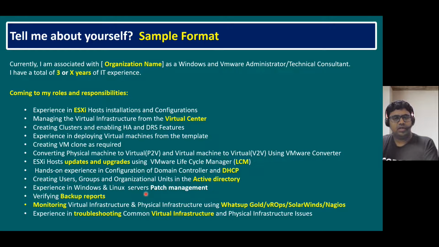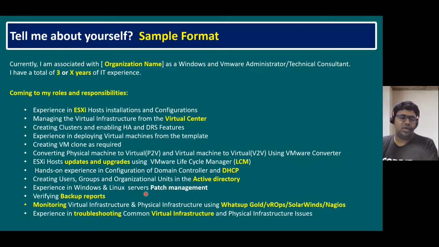And then you can start with your roles and responsibilities. Here you can include all the points on whatever you are working on in your organization. In some cases, you can explain your organization's infrastructure size, like "In my organization I have 400 plus ESXi hosts and 6000 virtual machines. I am responsible for maintaining all the virtual infrastructure."